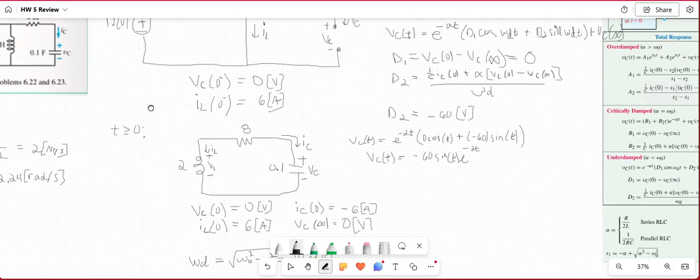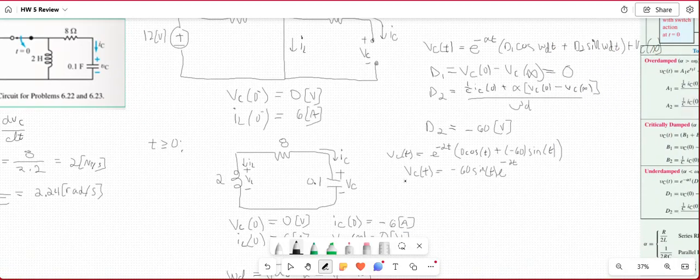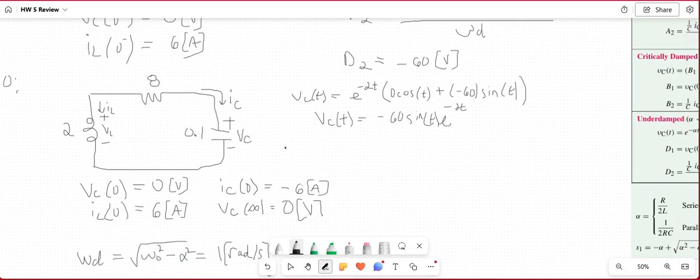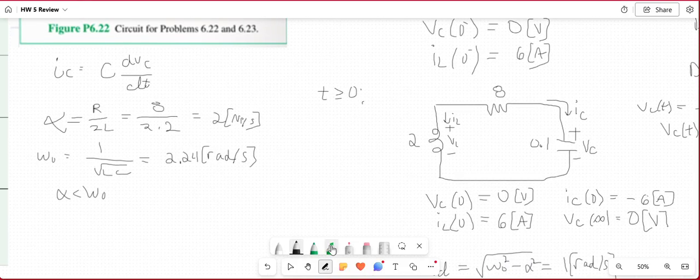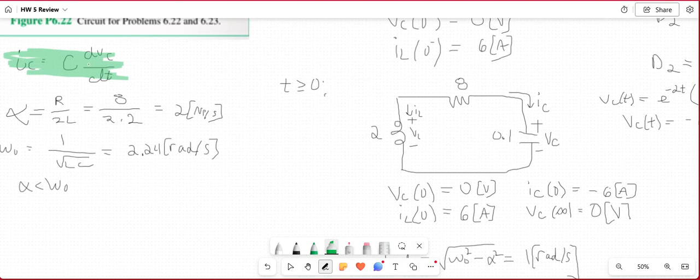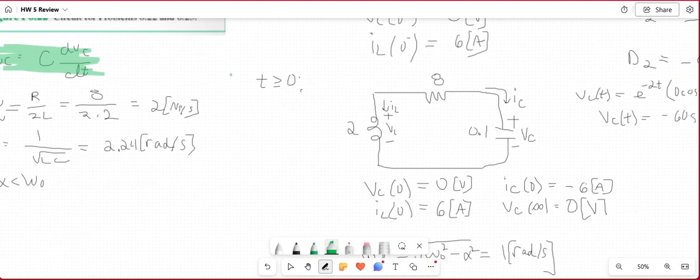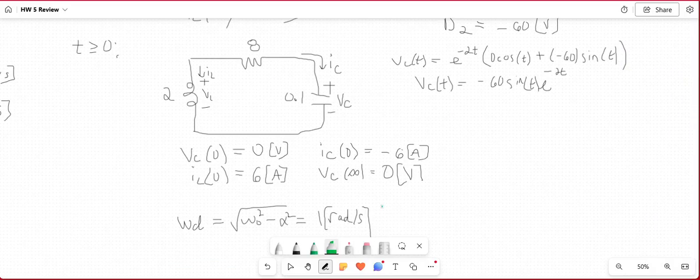And so it tasks us with finding IC at t. So now we're going to do that thing from before. We're going to take capacitance times the derivative. So we're going to take 0.01. So let's do the derivative first and then multiply it on. So it's VC prime equals product rule.